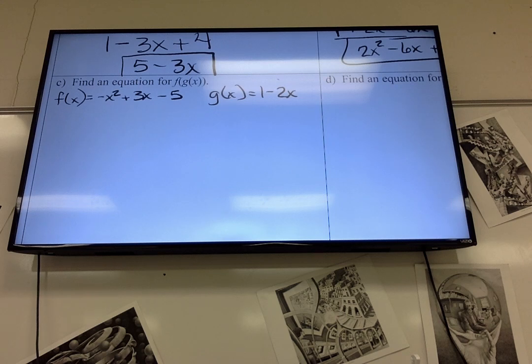So that means I'm going to replace the x's, there's actually more than one, both x's with 1 minus 2x. Now that I've got it started for you, finish that.